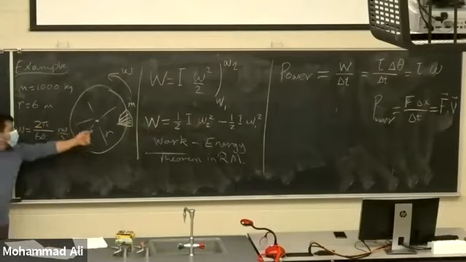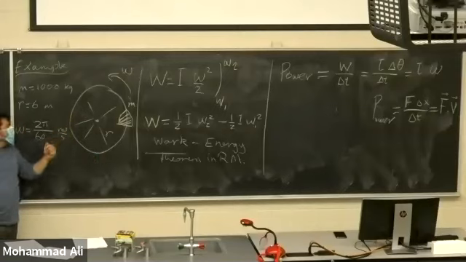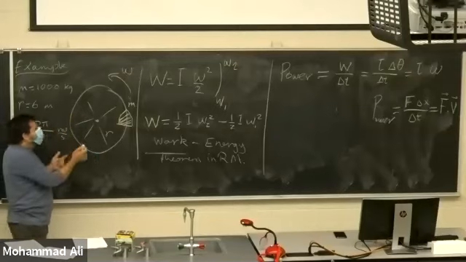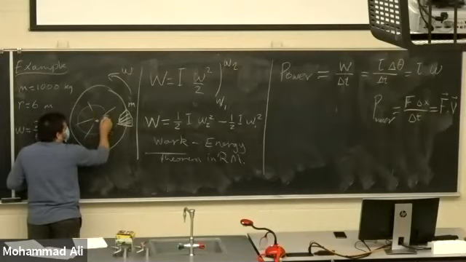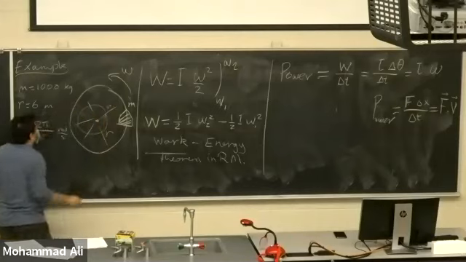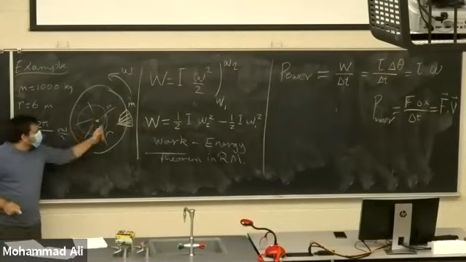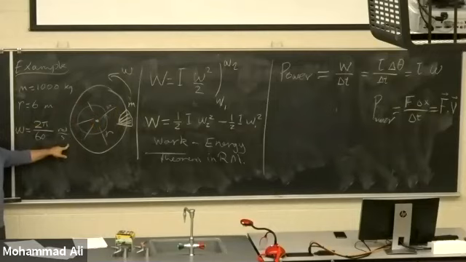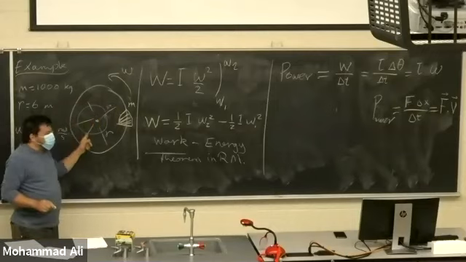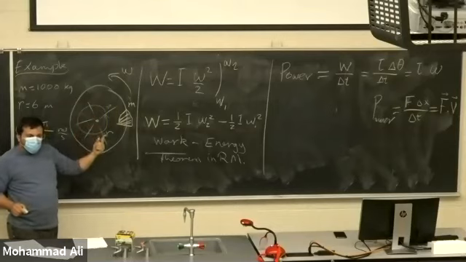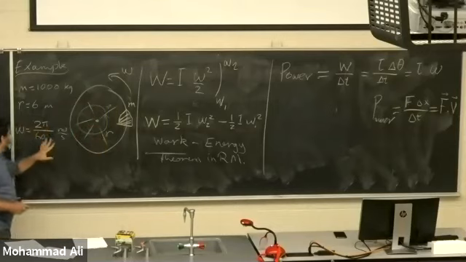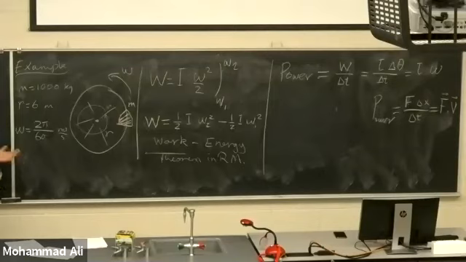Omega is an angular velocity. 2 pi means total rotation, 2 pi radians total rotation, during 60 seconds. 60 seconds means one total round during a minute. I didn't put it as a pure number. I put it like this so we can imagine the velocity of this machine.